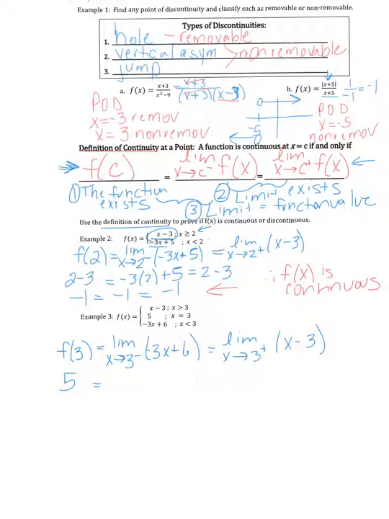The limit from the left, what do I have? That would be negative 3 times 3 plus 6. And then 3 minus 3, which would give me 0. So what do I have? I've got negative 3 there, and I've got 0 here, and I've got 5 there. So, okay, this is weird. What's going on?